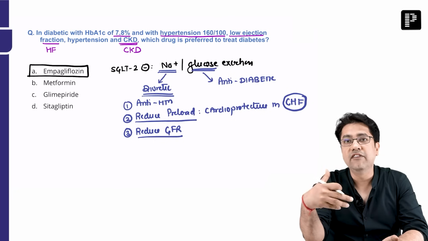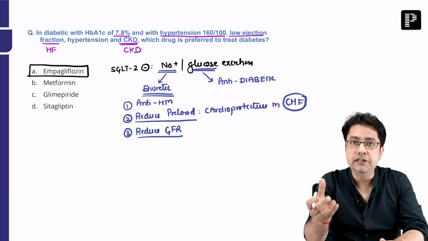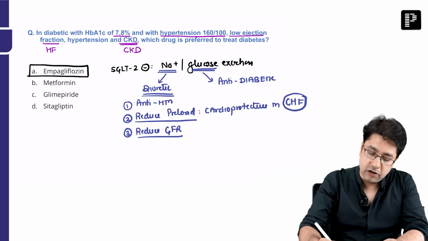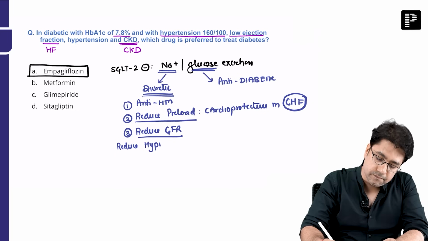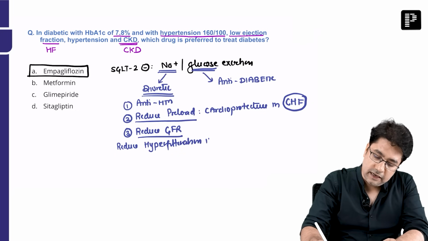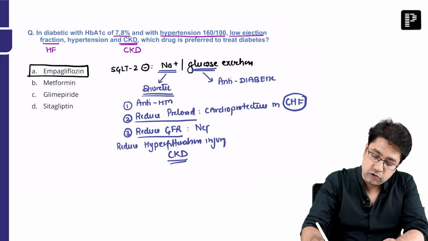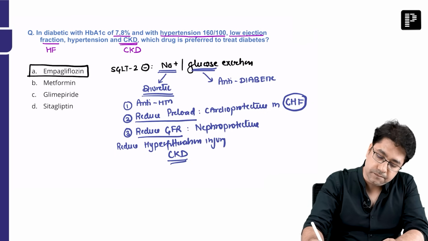Now, excessive hyperfiltration leads to nephron damage. Because of this reason, they reduce hyperfiltration injury in cases of CKD, chronic kidney disease. That is why these drugs also have a nephroprotective effect in CKD.